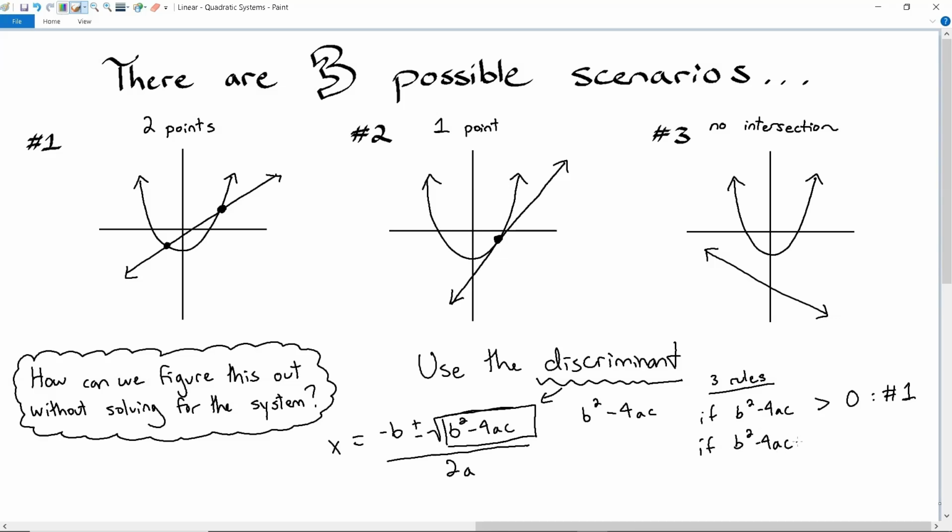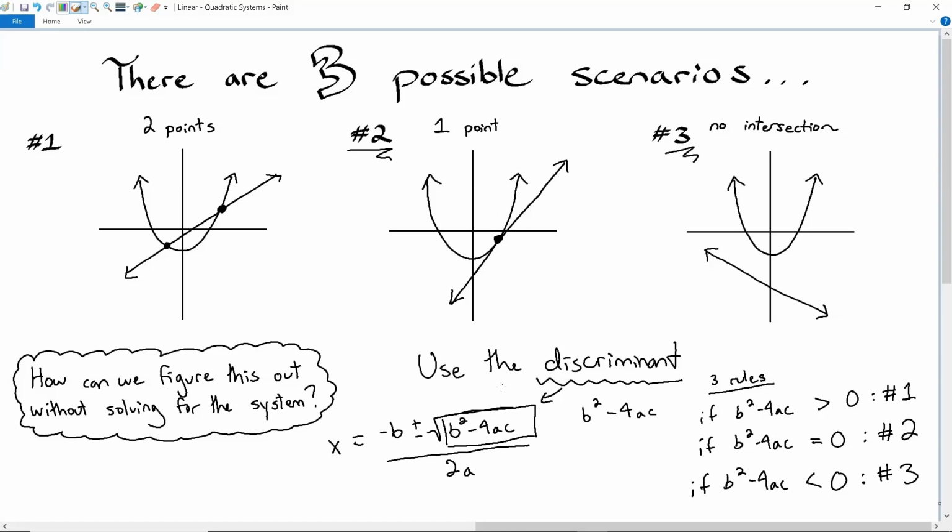If it equals 0, we only have 1 point of intersection, and that is scenario number 2. And finally, if the discriminant is less than 0, or in other words, a negative number, we would have no intersection, which is scenario number 3. So why does all this work?